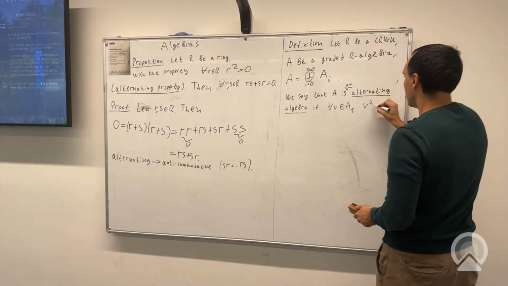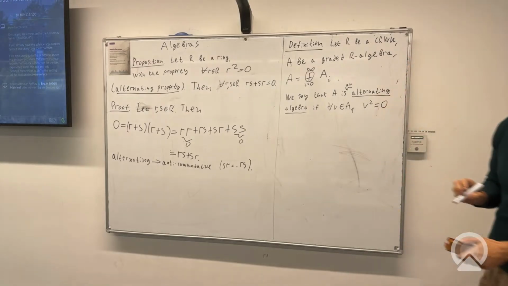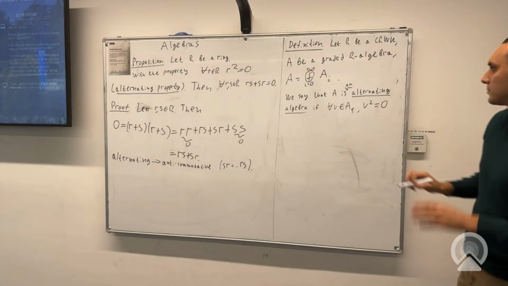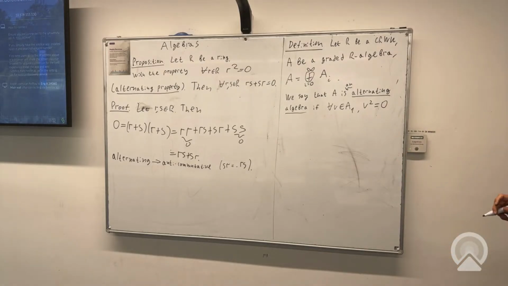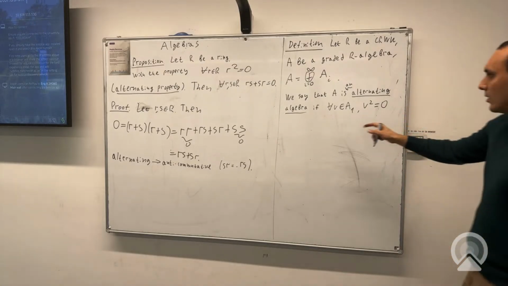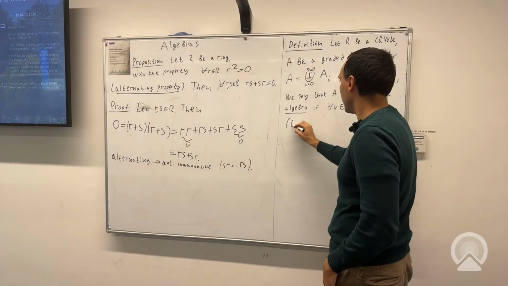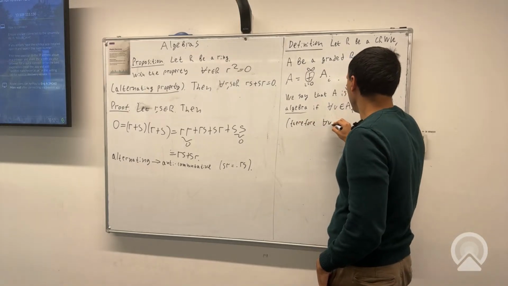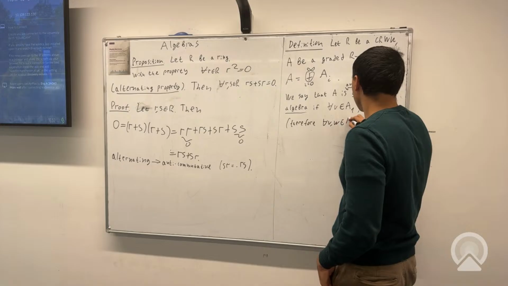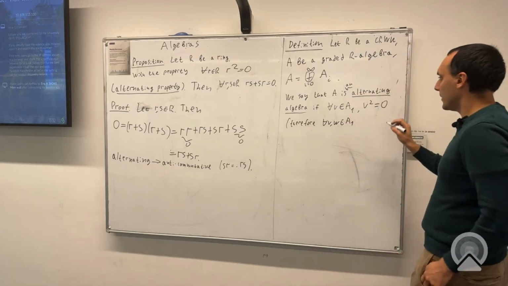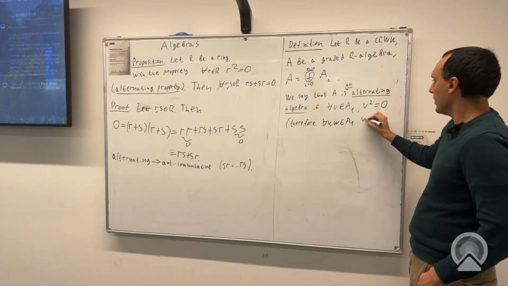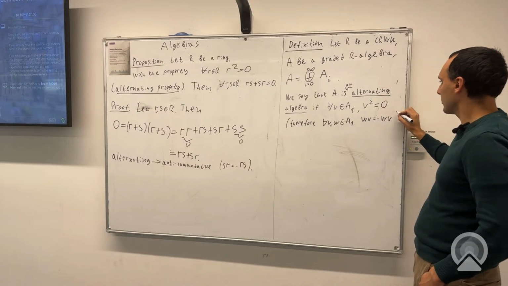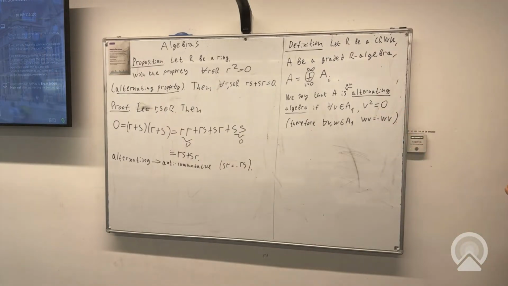So V squared is 0. And therefore, for any V and W in A1, V times W is minus W times V.